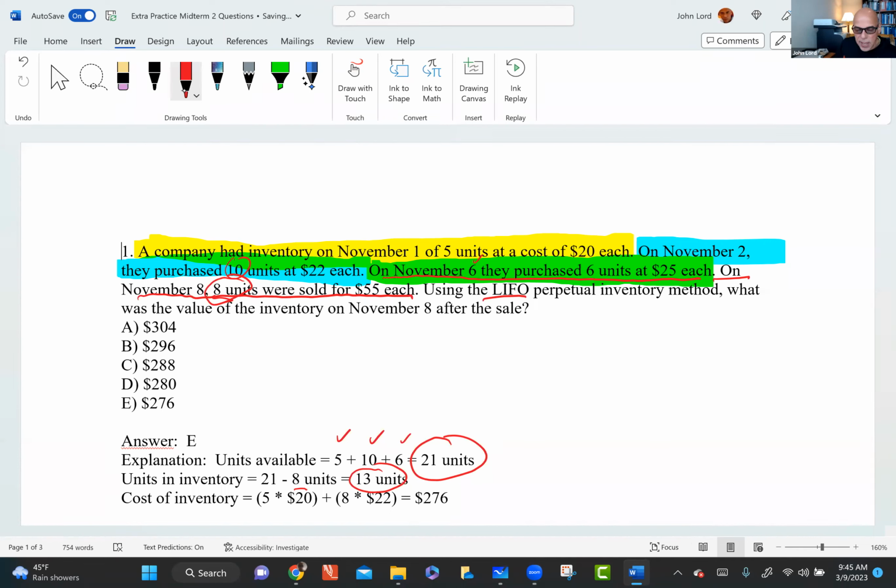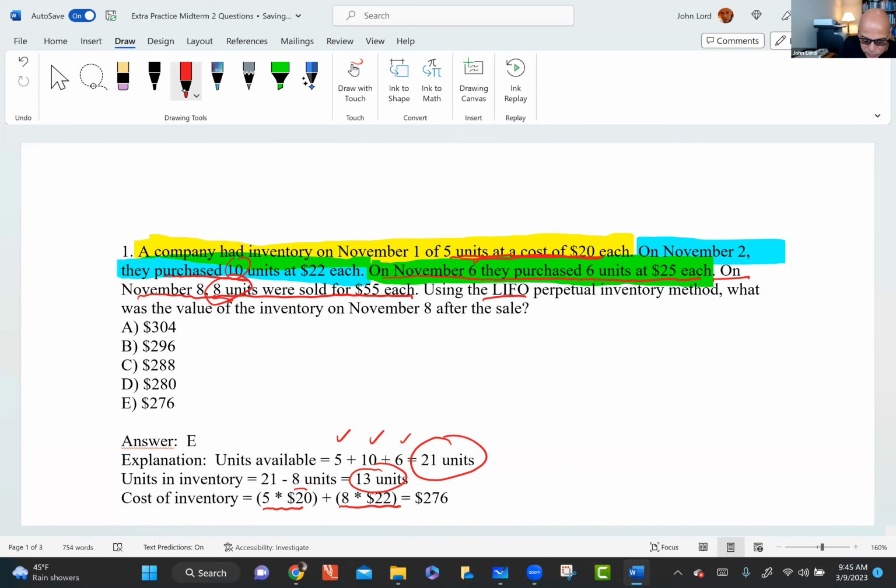And under last in, first out, that tells us that we haven't sold any of these units left yet, right? We hadn't sold any of those. So we've got 5 at 20. And then since we sold 8, the remaining 8 to bring us up to 13 would be these ones that we purchased for $22 each.